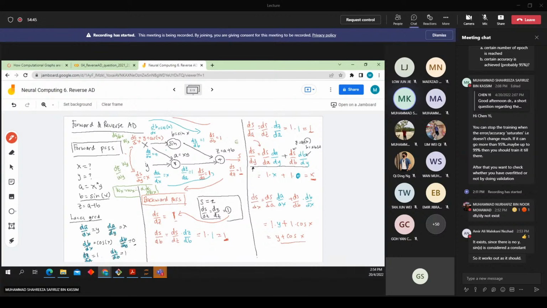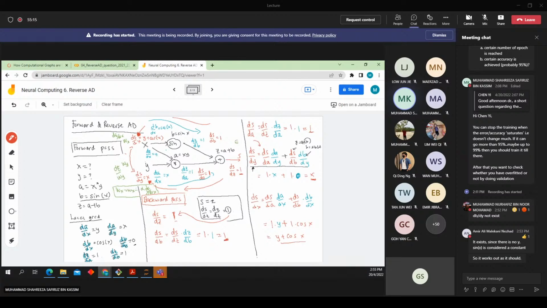We wait for the backward pass until it reaches this guy. So as you can see, by doing the reverse automatic differentiation, we only need to do it once, and it calculates the partial derivatives of the output with respect to the input for all of the input variables.